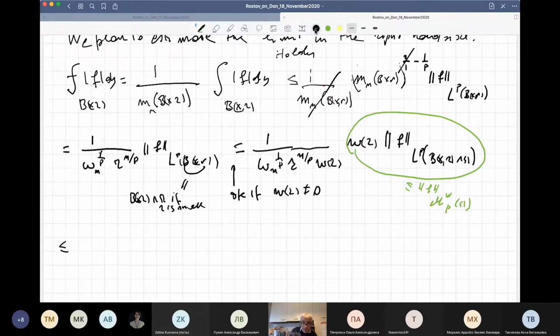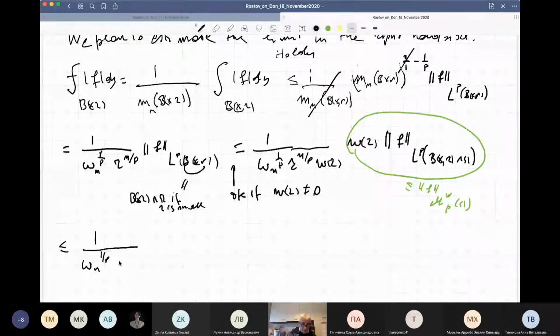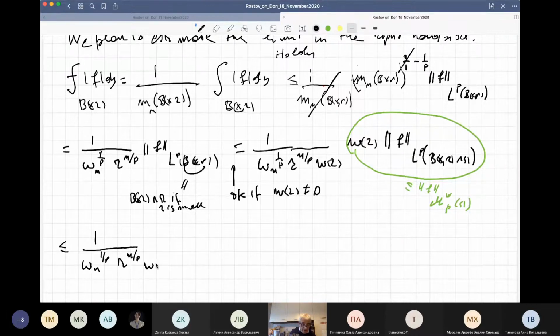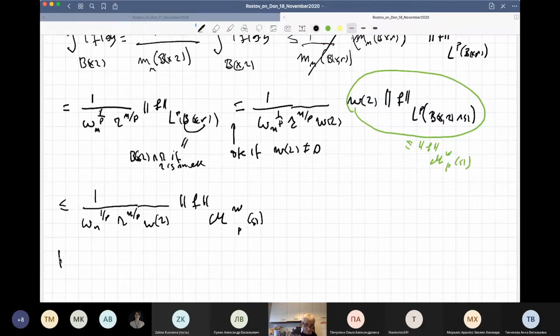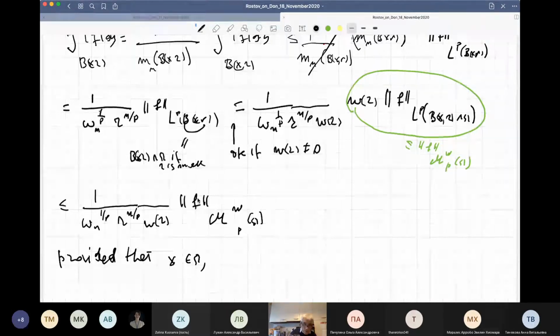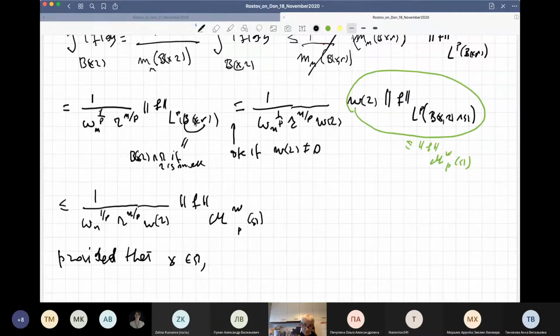And so this is less or equal than omega n to the 1 over p, r to the n over p, W(r), times the generalized Morrey norm, not for all r, but provided that x was in omega. Then we also used that the ball intersection omega was equal to the ball.